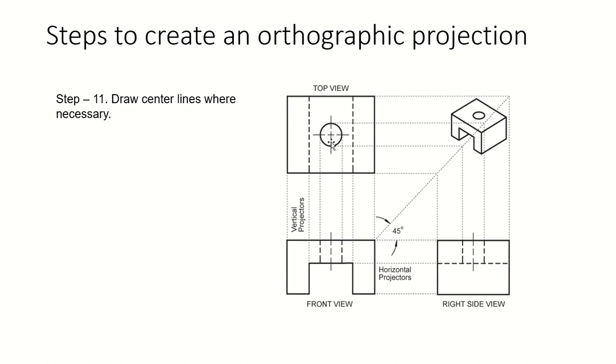So here, circle center line: long dash, short, and long, long, short and long. Draw it past the object boundary, but never past the view boundary. We don't have a view boundary right here. So here is the object boundary and the feature boundary.